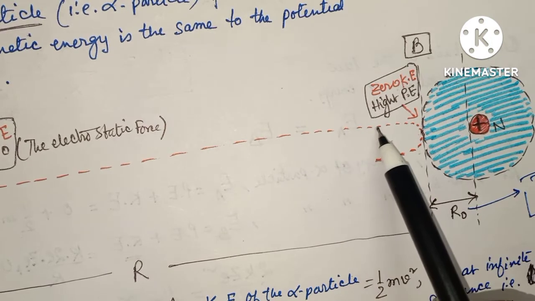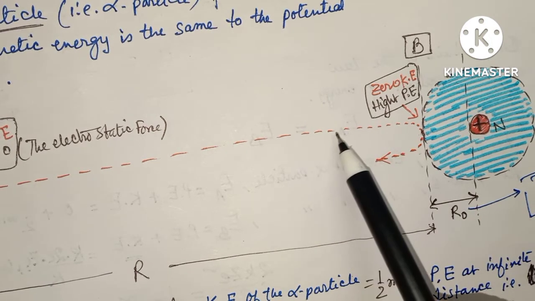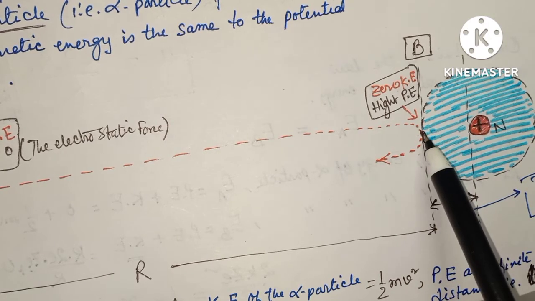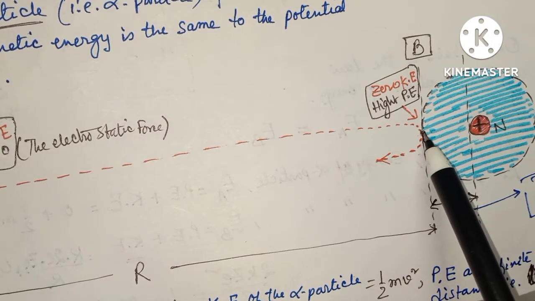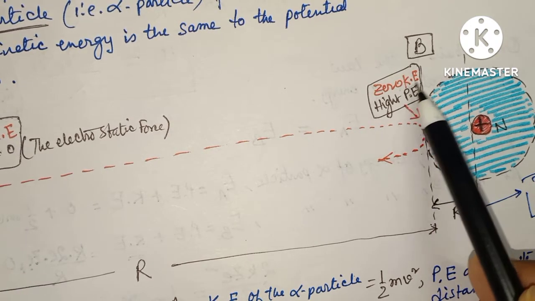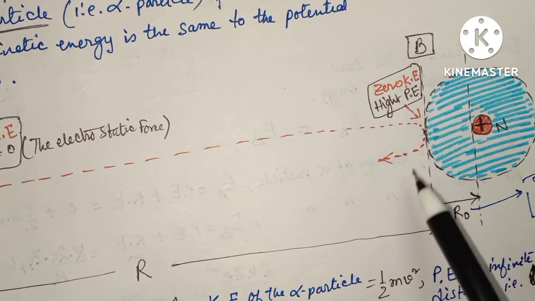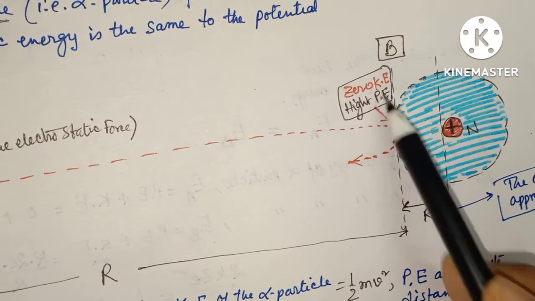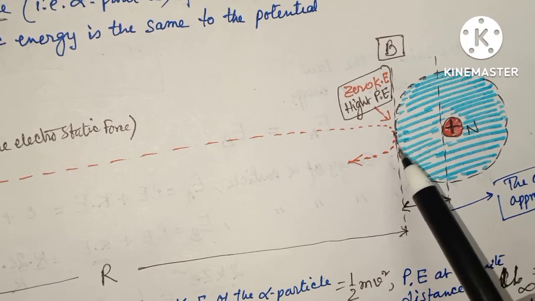So the velocity will be reduced as it gets closer to the nucleus. At point B, the velocity of the alpha particle will be 0, as well as its kinetic energy. Okay guys, I hope you understand why the kinetic energy at point B should be 0.